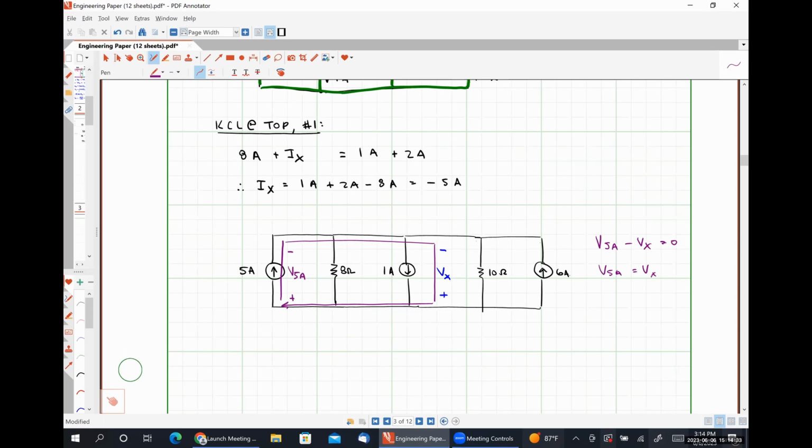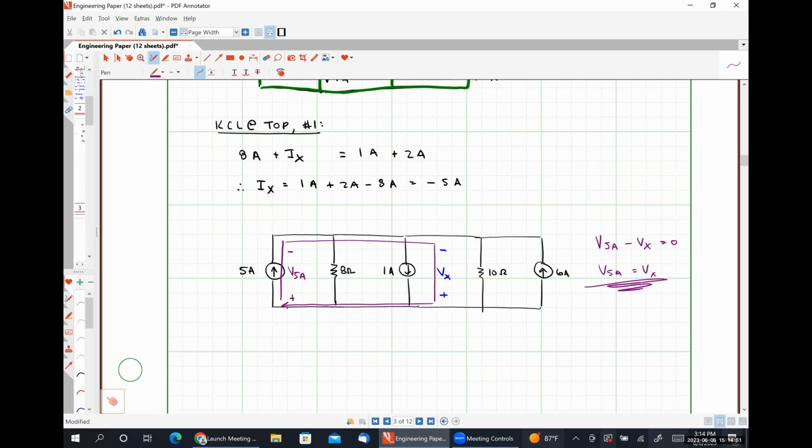Every voltage drop across any element in this circuit with the positive polarity on bottom will be the exact same thing as Vx, because it doesn't matter how I write my Kirchhoff's voltage law equation, I'm always going to get this exact same result.